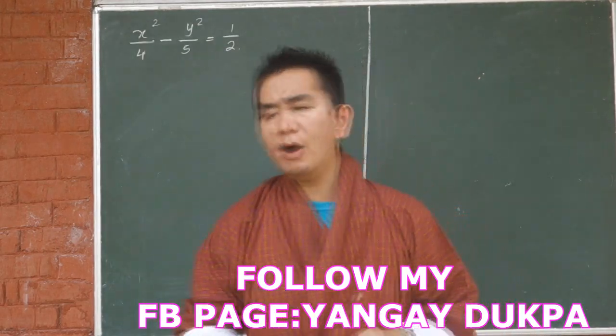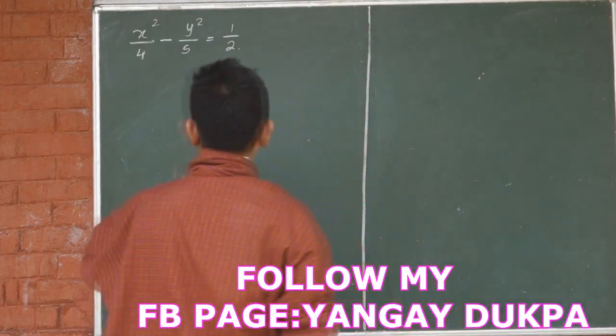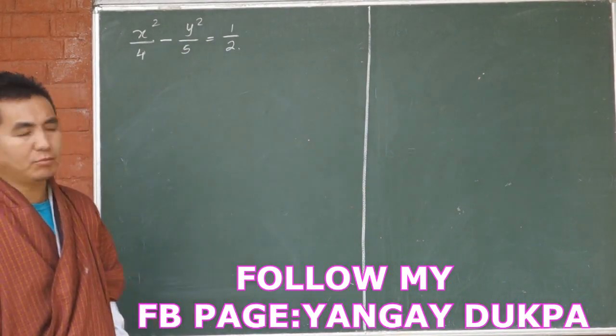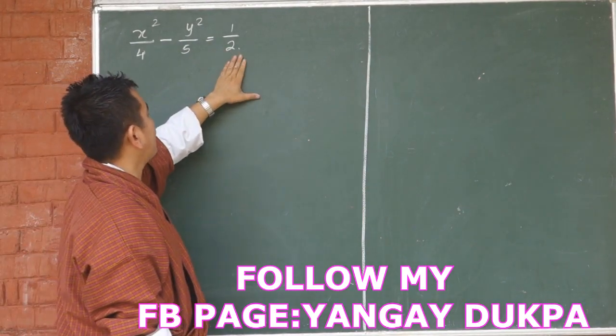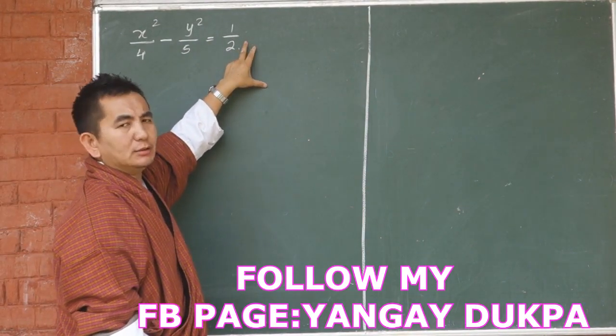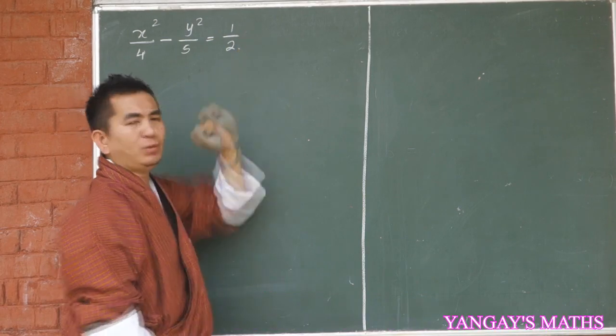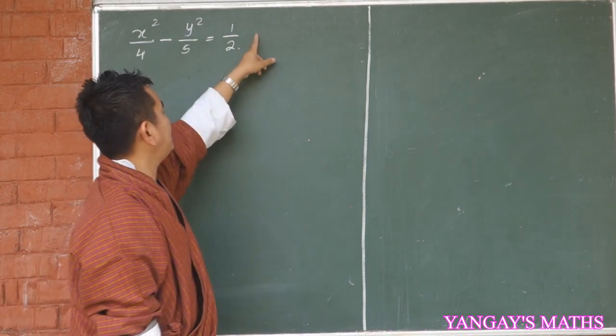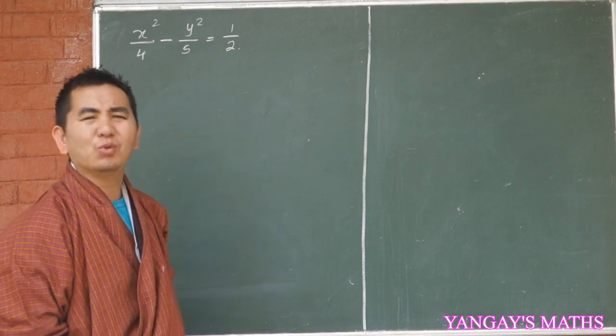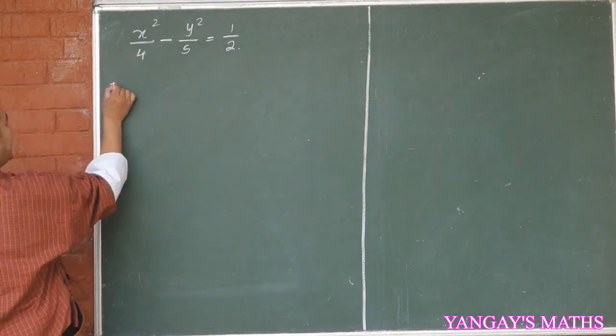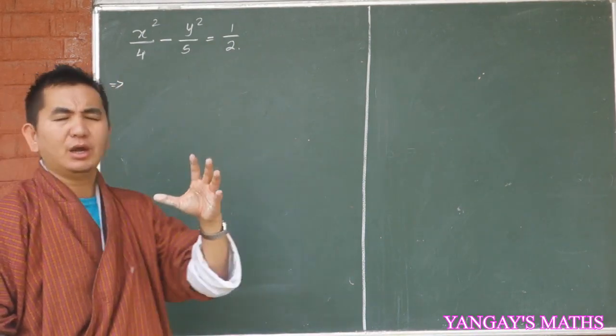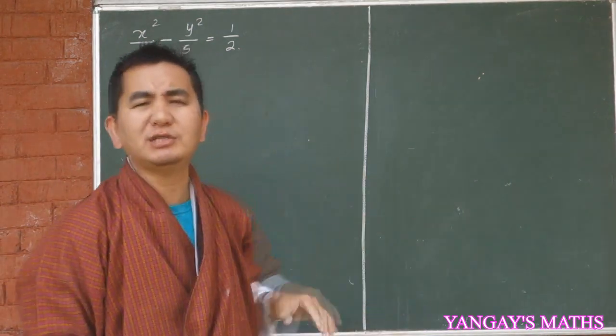Now this question, we have to make it in standard form. In order to make it in standard form, here we will not divide, but we are going to multiply with 2. If I multiply with 2, you will definitely get 1. So, multiplying both sides by 2. Usually, what we did till now was we have always divided.